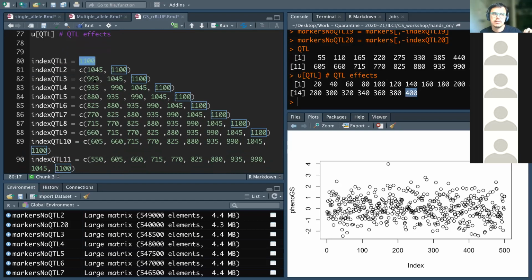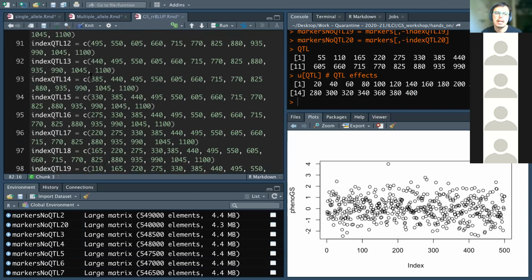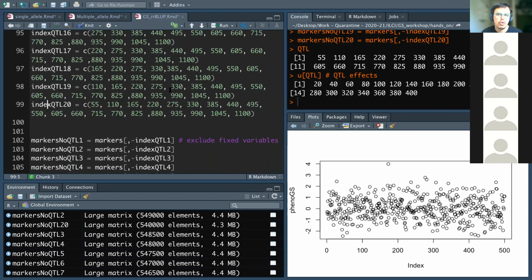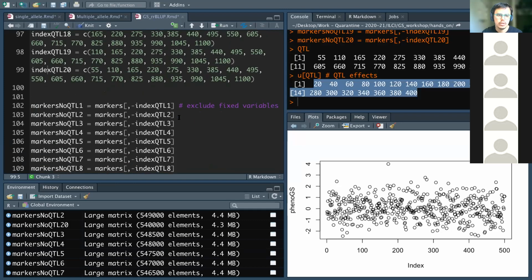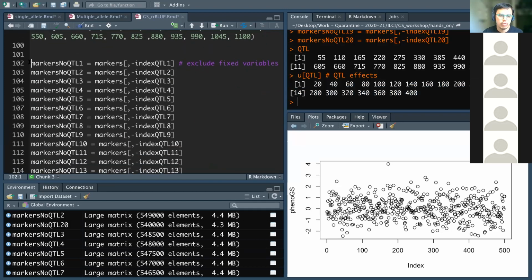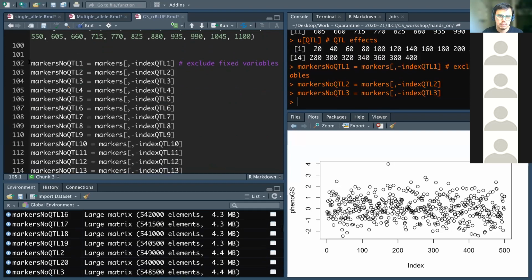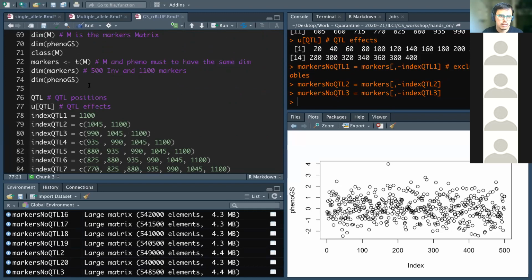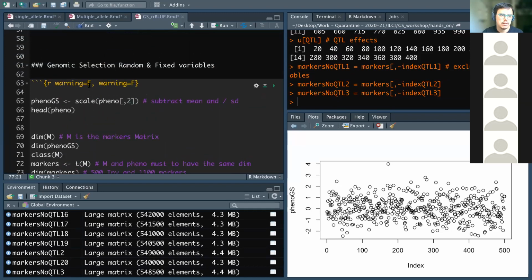Then I started to include every single QTL because of their effect on the phenotype. And the last index, 20, has all the QTLs in the genome. Okay. And again, I have to remove, oh, I think I made a mess here.